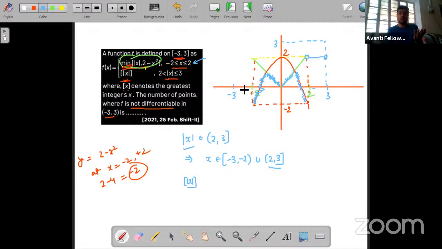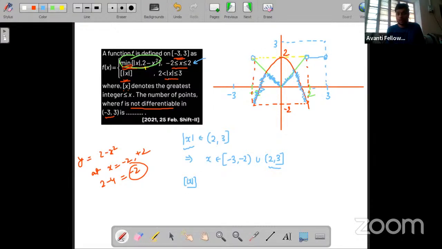Same case we'll be talking about in -3 to -2. So in -3 to -2, what will be the modulus? Modulus value will again be from 2 to 3, because we are taking the positive. So again any value between 2 to 3, what is the GIF? Again 2.